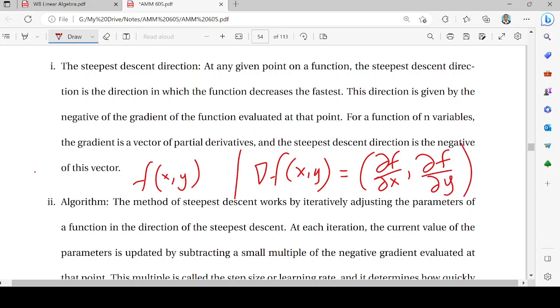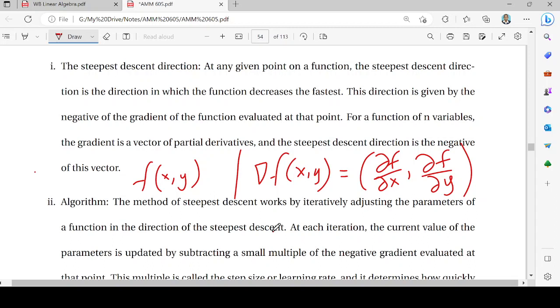So in this case, the vector has two components: the x component being the partial derivative of f with respect to x, and the y component being the partial derivative of f with respect to y.